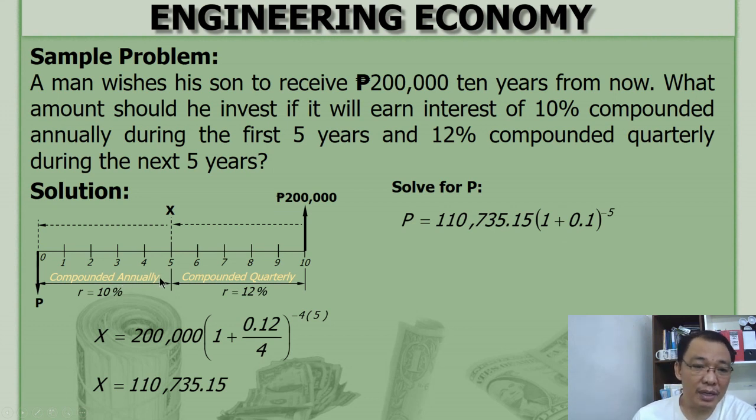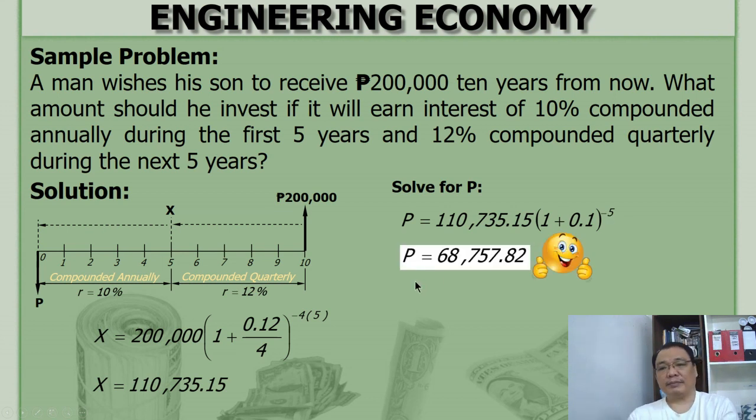So once a year only, so 0.1 over 1, and then negative 5, just 5 because it is once a year. That's the value of P. So the man will invest 68,757.82, and after 10 years, it will become 200,000 pesos.